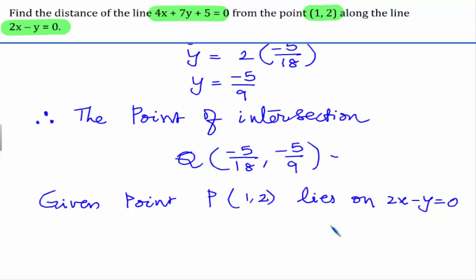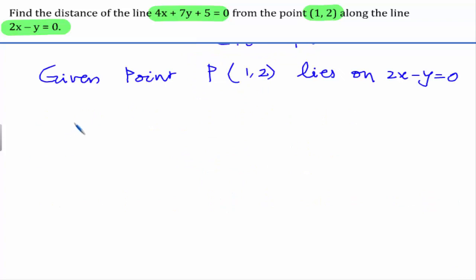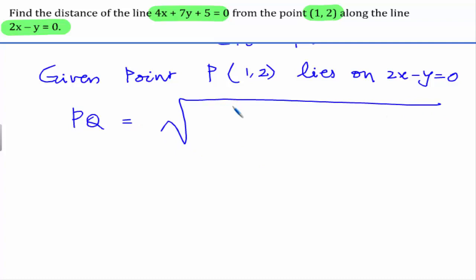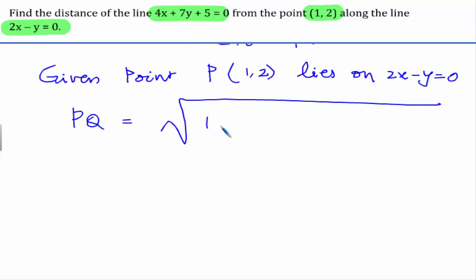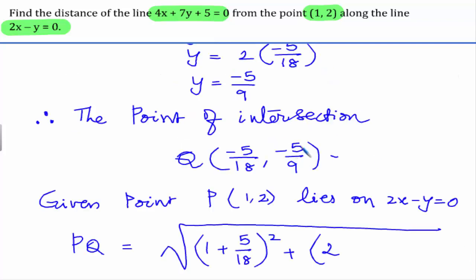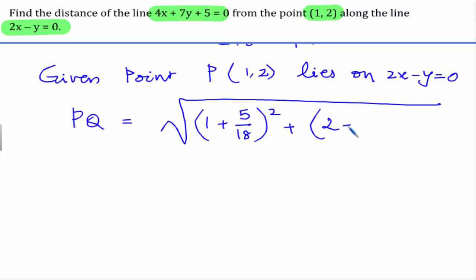Now let us find out the distance between P and Q using the distance formula. Now PQ is equal to square root of x2 minus x1, that is 1 minus of minus 5 by 18, that means 1 plus 5 by 18 whole square, plus 2 minus of minus, that is plus 5 by 9 whole square.